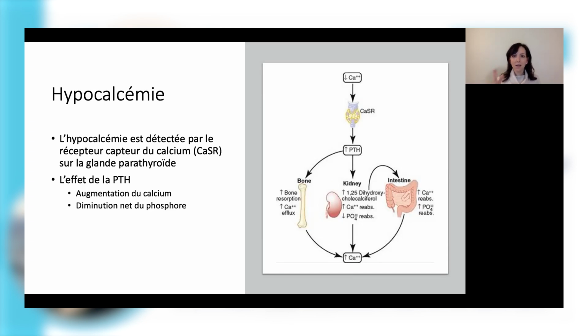So the net effect of that PTH activation is increased calcium, if things work well, and a net decrease in phosphate. Despite increasing phosphate absorption in your intestine, you're still losing quite a bit of phosphate in your urine. And that's a normal response to hypocalcemia.